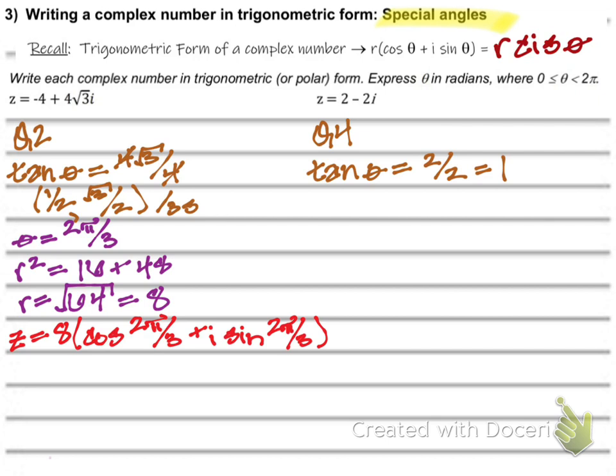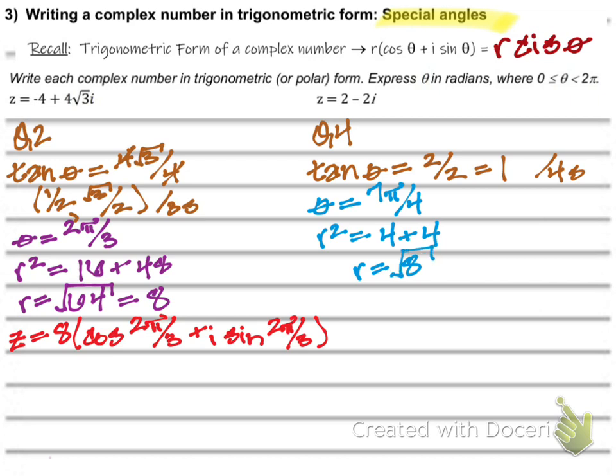And my family of angles whose tangent is 1 is my over 4s, right? And my over 4 in quadrant 4 is 7 pi over 4. And then to find r, r squared is a squared plus b squared, right? 4 plus 4. So that means r is the square root of 8.